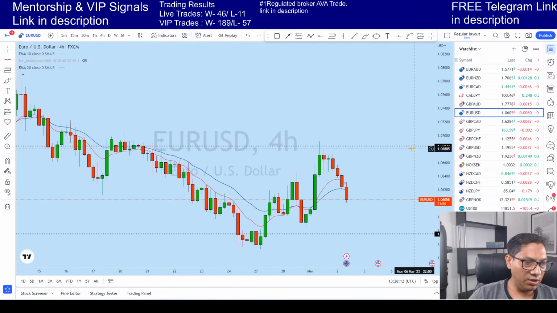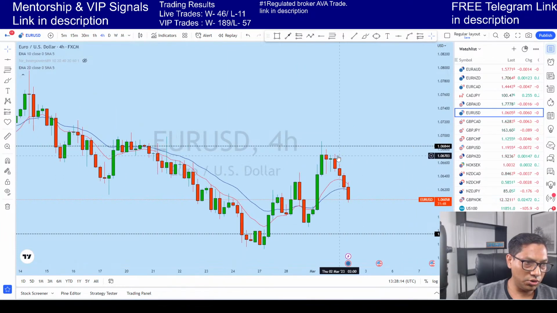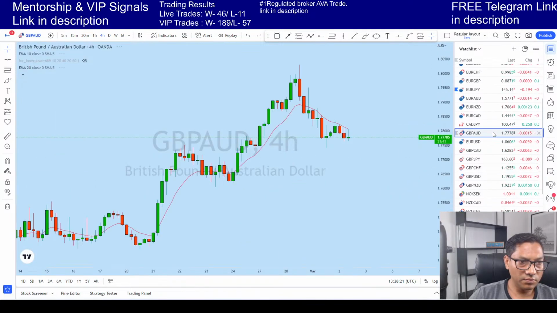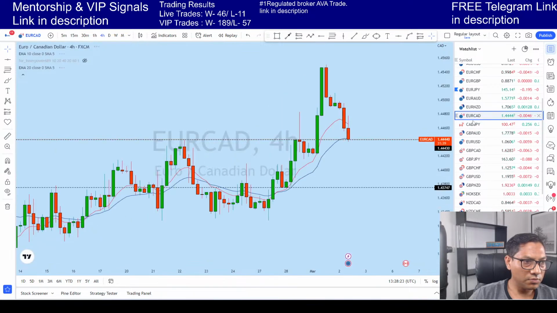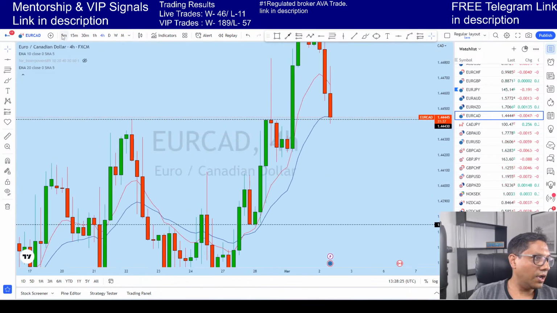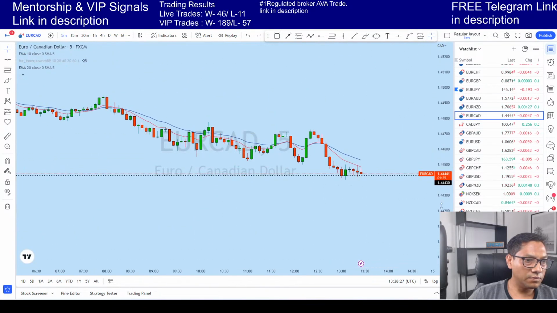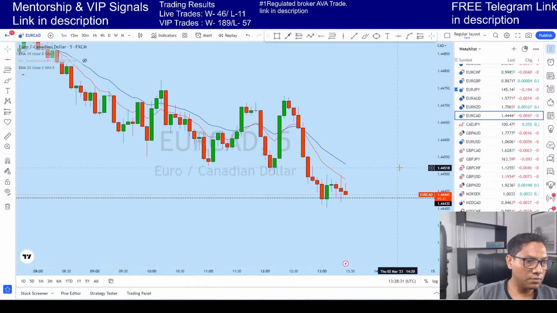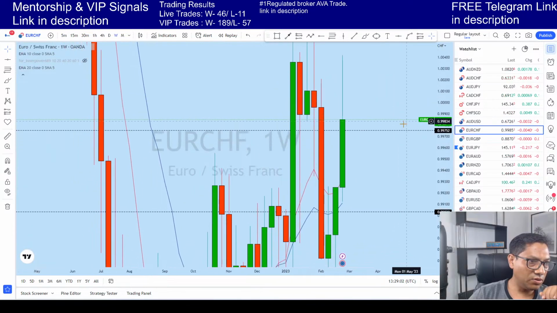GBP CAD, euro dollar, all of them. In euro dollar we saw that after this bearish candle the price is slowly breaking down. Euro CAD, see that it is coming to the weekly level of support.